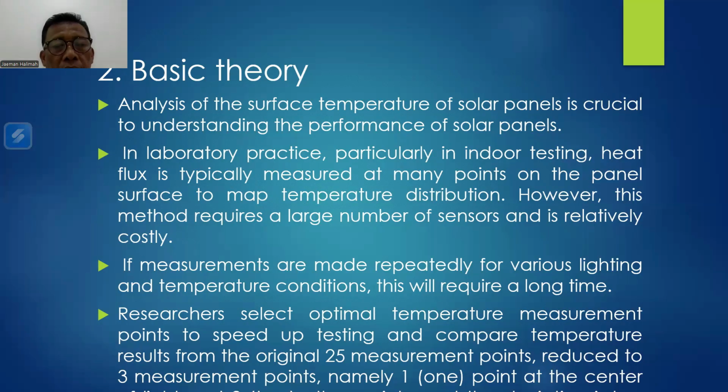If measurements are made repeatedly for various lighting and temperature conditions, this will require a long time. Researchers select optimal temperature measurement points to speed up testing and compare temperature results. Points are reduced to 3 points, namely 1 point at the center and 2 at the edges.